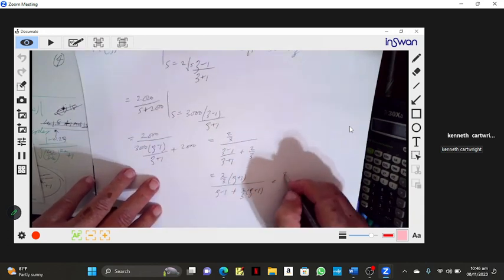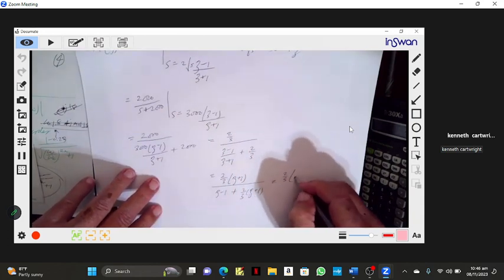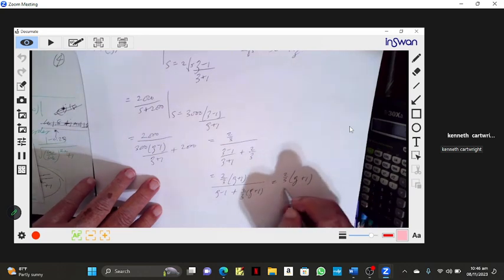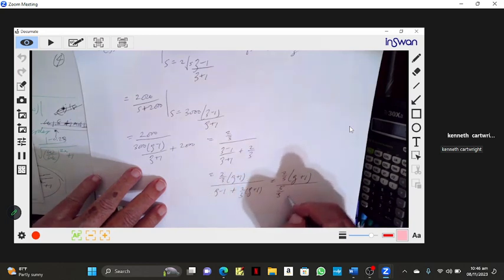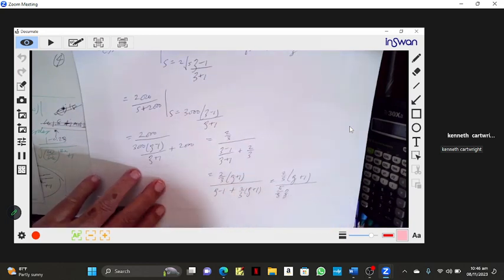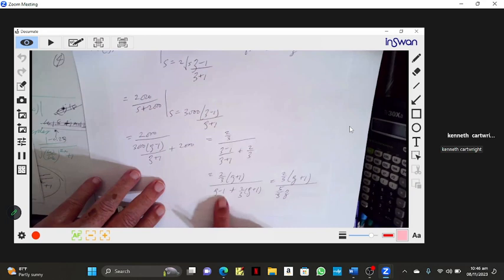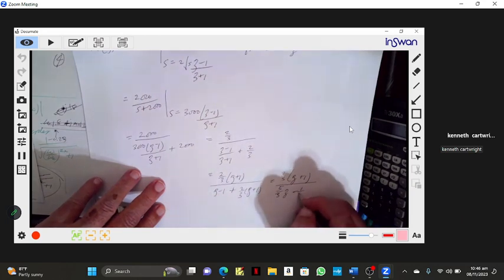And so this is 2/3 times Z plus 1, over 1 plus 2/3, that's 5/3 Z, minus 1 plus 2/3, minus 1/3.